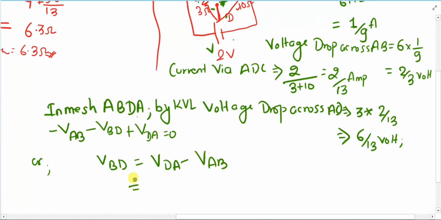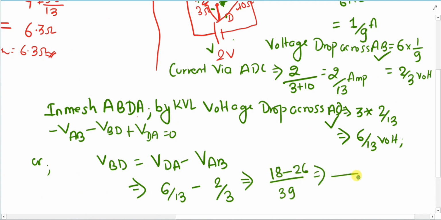We have already gained the value of AD and AB. V_BD is 6 upon 13 minus 2 upon 3. Now take the LCM, 13 times 3 is 39, and we get minus 8 upon 39 volt.